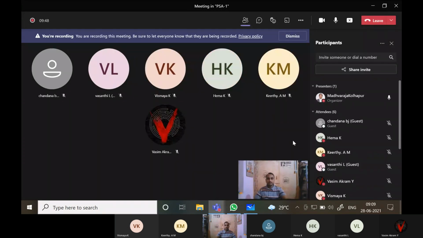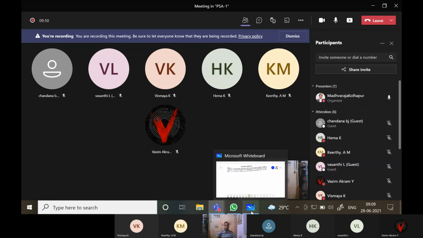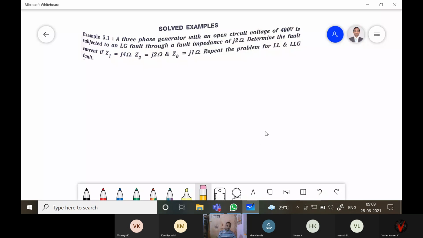Okay, good morning everyone. Today we will solve some more problems on unsymmetrical fault. Take this problem. A three-phase generator with an open circuit voltage of 400 volt is subjected to an LG fault, single line to ground fault, through a fault impedance of j2 ohm.